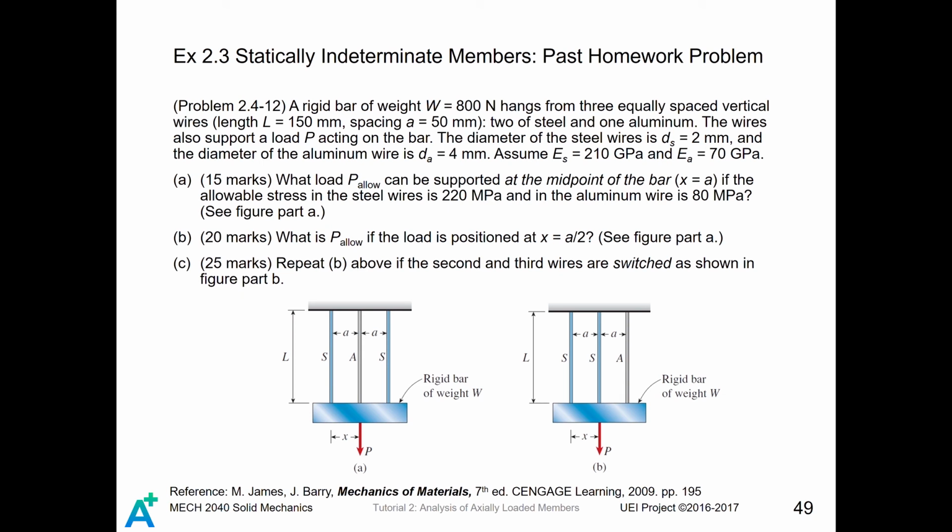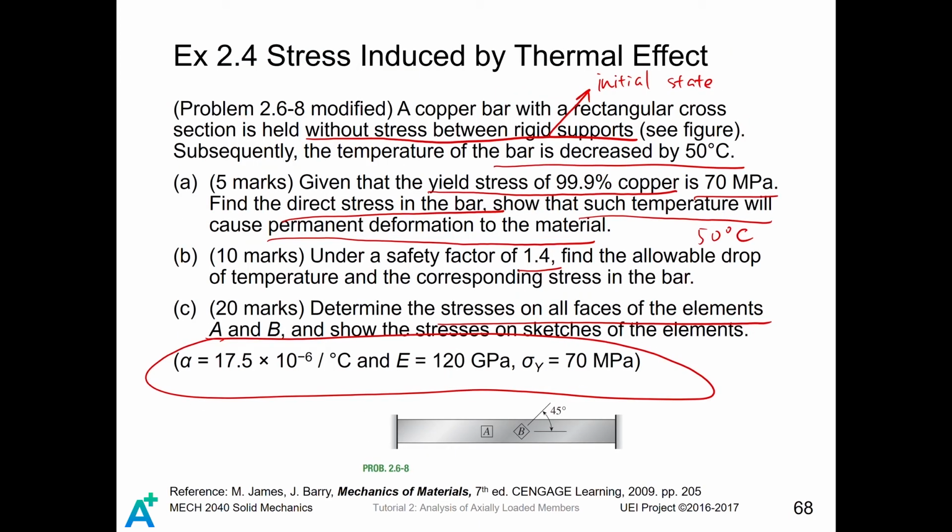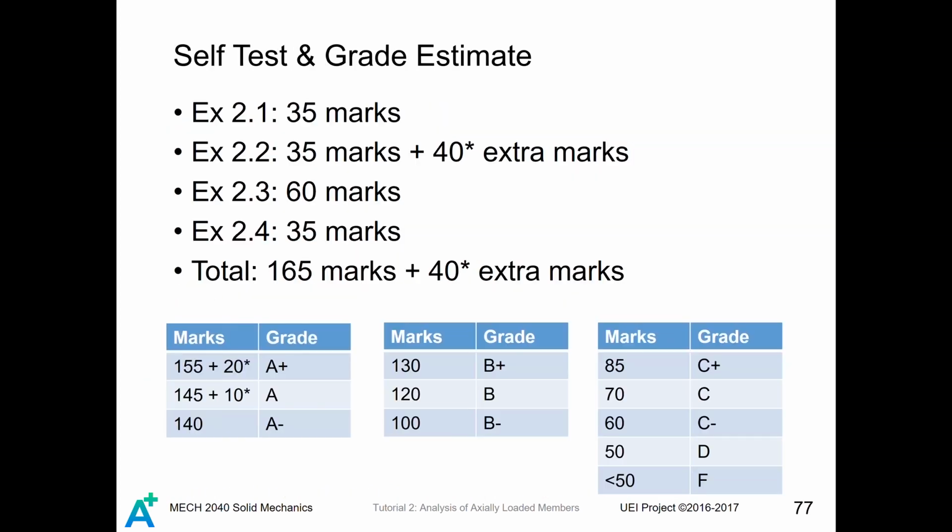For 2.3, I assigned 15 marks for part A, 20 marks for part B, 25 marks for part C. For the last exercise, I assigned 5 marks for part A, 10 marks for part B, and 20 marks for part C. So after watching this tutorial, you should be able to do all those problems independently.